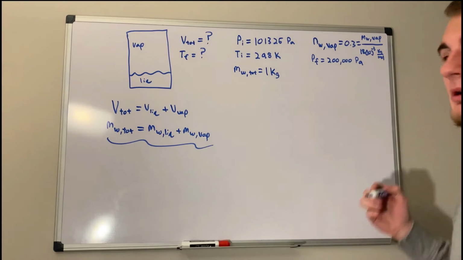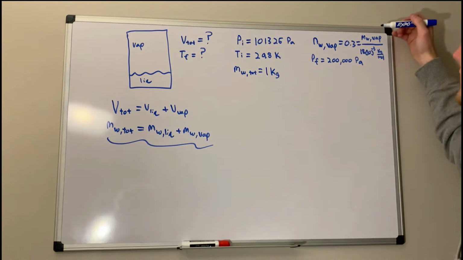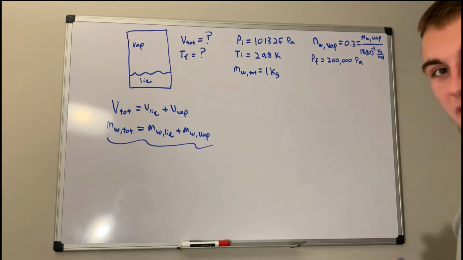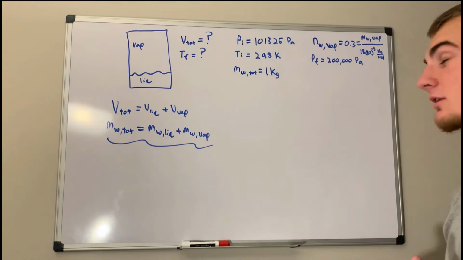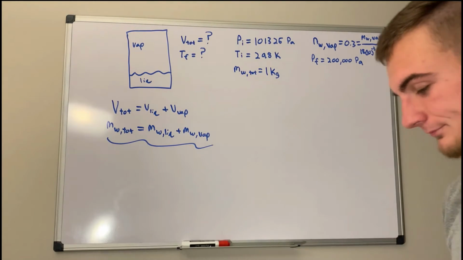I know this is probably hard to see since it is stuck up in the corner, so I'll repeat that for you. This is the mass of water in the vapor phase divided by the molecular weight of water, which is 18 times 10 to the negative third kilograms per mole.